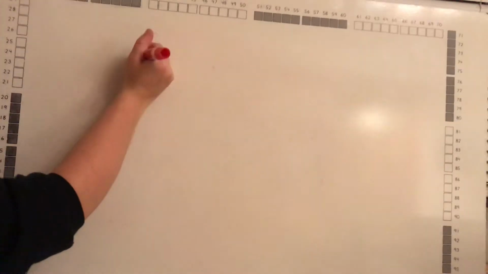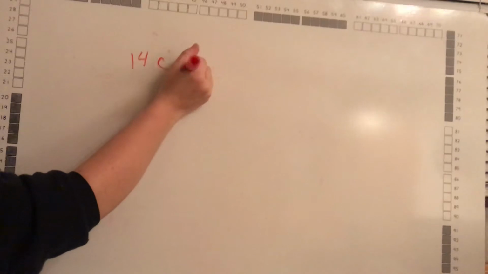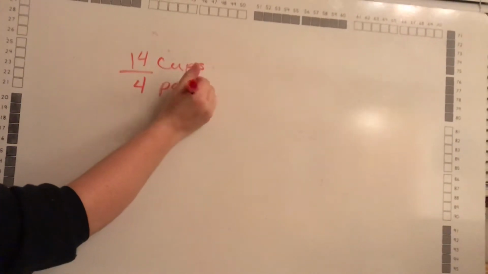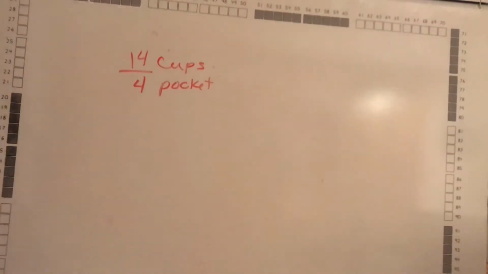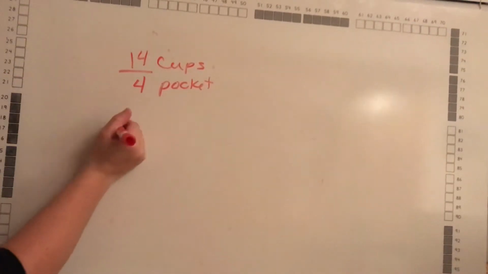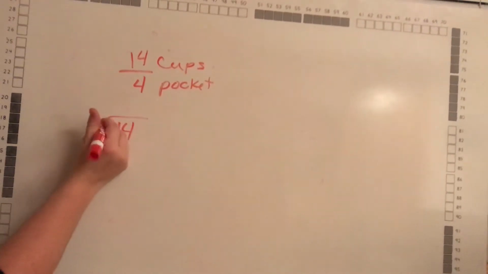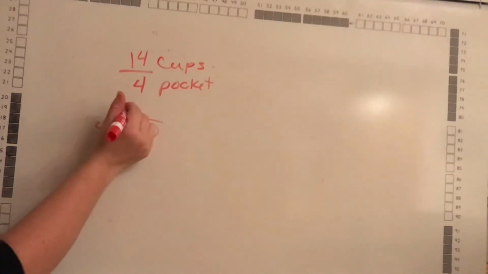We can use that. So we have 14 cups of broccoli divided by, he wants to make 4. So 14 divided by 4. We know that 4 goes into 14 3 times.